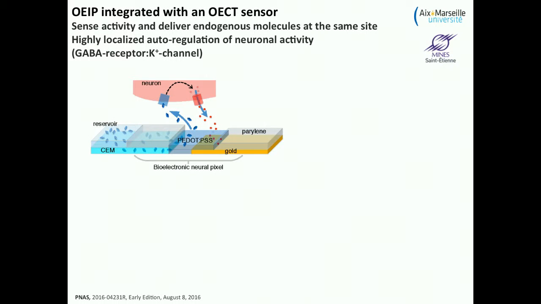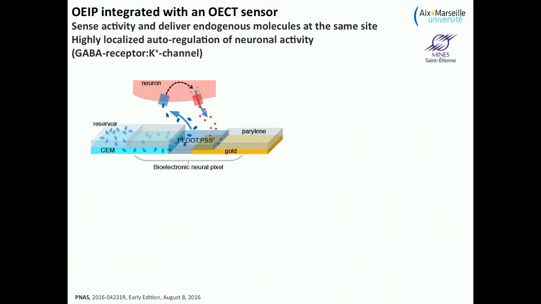Many of the signaling events and signal processing in biology rely on the fact that a neurotransmitter is released and recorded almost at the same spot, or at least within a distance of a few nanometers. So a great challenge in neuronal signaling, or in trying to artificially contact neuronal signaling, is to have both the delivery and sensing in the same electrode.